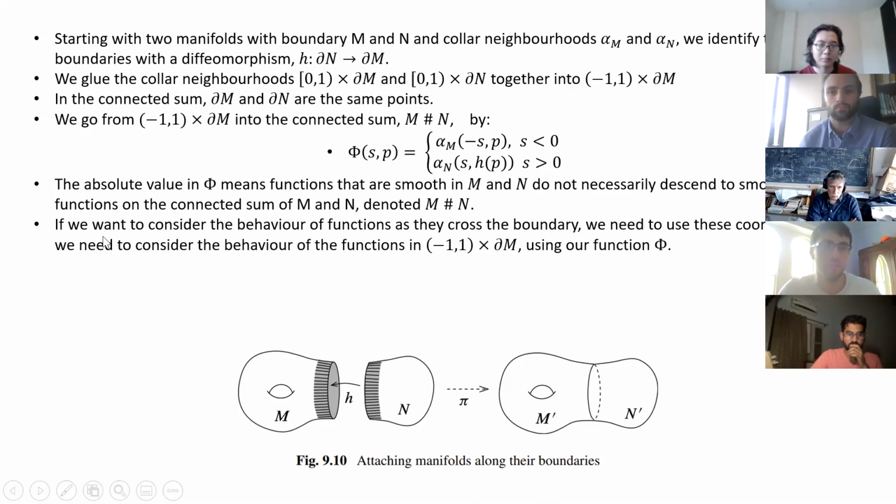That's the main point. If you want to consider the behavior of functions as they cross the boundary, you need to consider how they behave when they're put in the coordinate representation given by this -1, 1 across the boundary. That's the only coordinates that work going across the boundary. You have to use these. That's the significance of that.